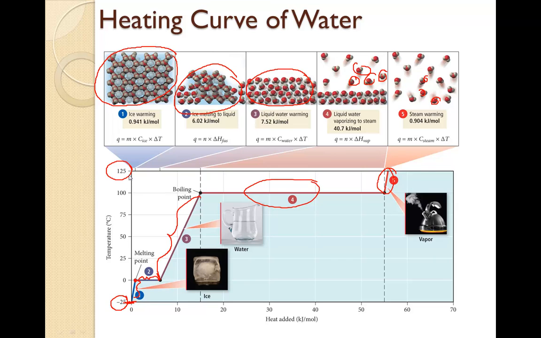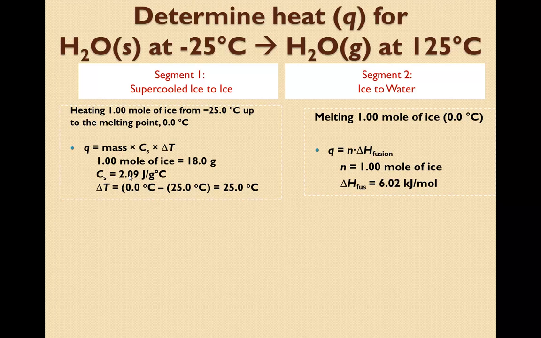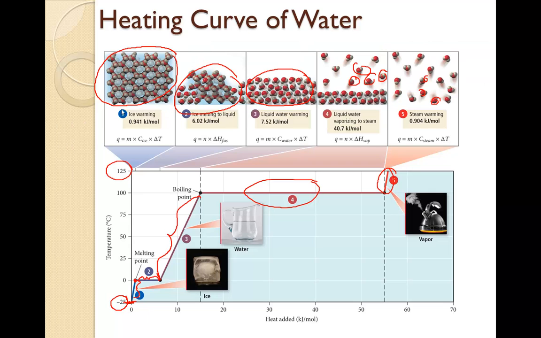Let's see how that looks in calculations. Let's say we have 1 mole of ice, which is H2O. We're trying to get it to go from -25 up to 125. Each one of these line segments has to be done individually. So we can start by going from -25 to the melting point of 0.